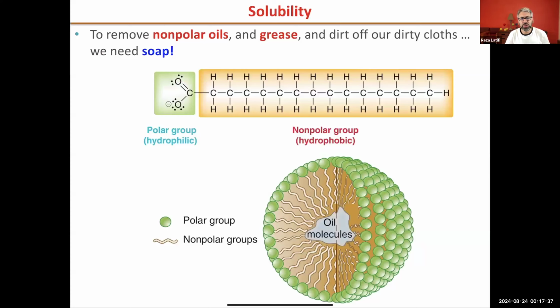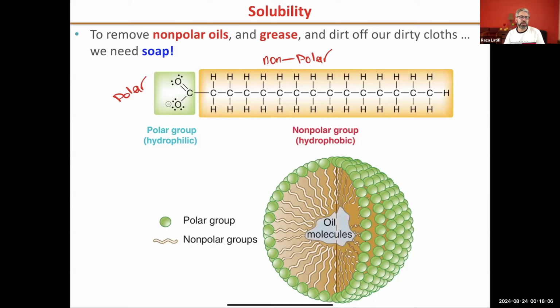Whenever we are trying to clean dirt or grease from our clothes, we use soap. And any soap has two sides. One is going to be a hydrophobic area, and the hydrophobic area is non-polar. And there will be a head, and that head is going to be a polar side.